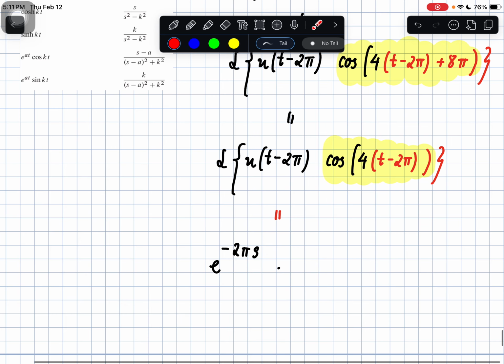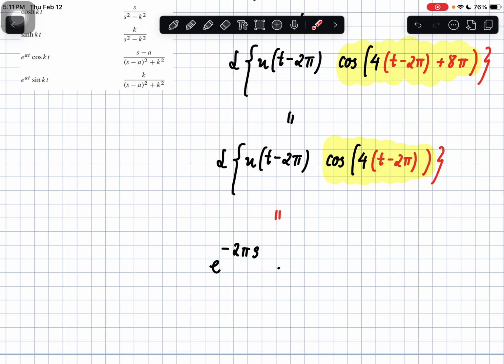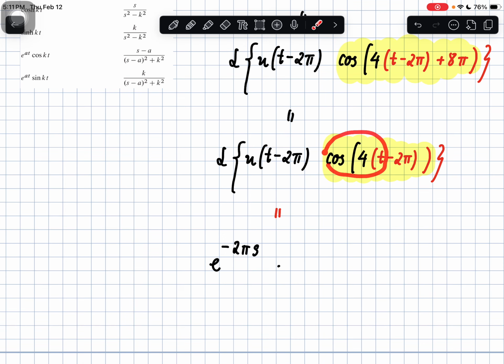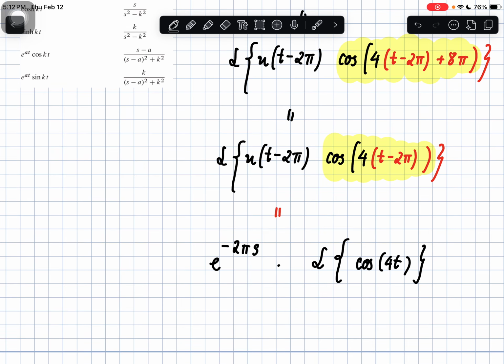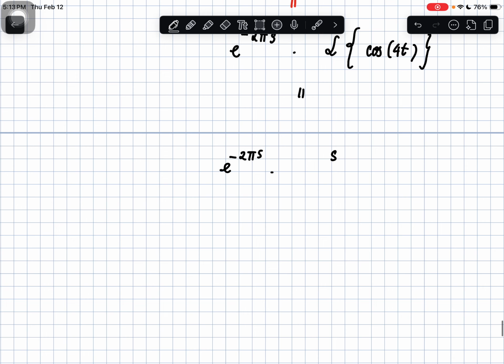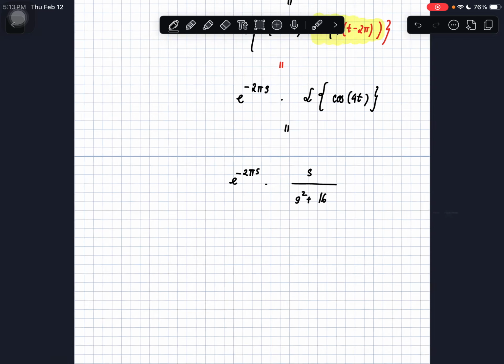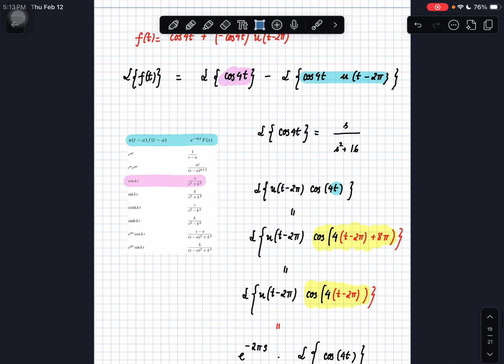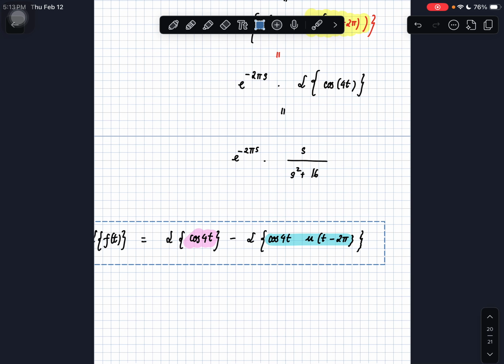In this case, that small f(t) is cos(4t). The Laplace transform of cos(4t) is e to the minus 2πs times s over s squared plus 4 squared. With that, we complete computing the Laplace transform of the original function.